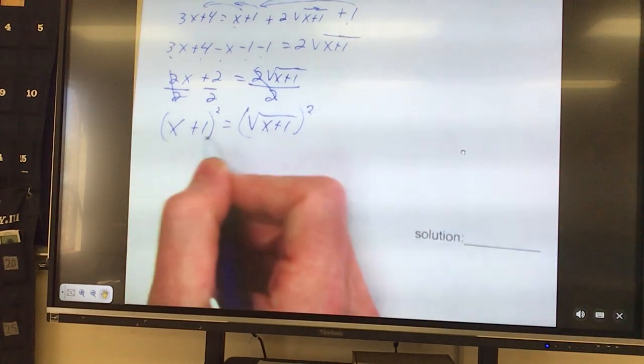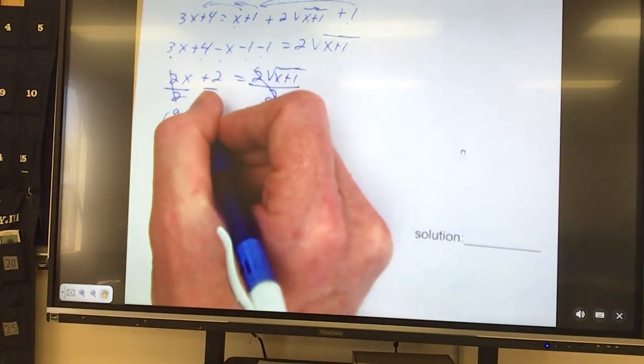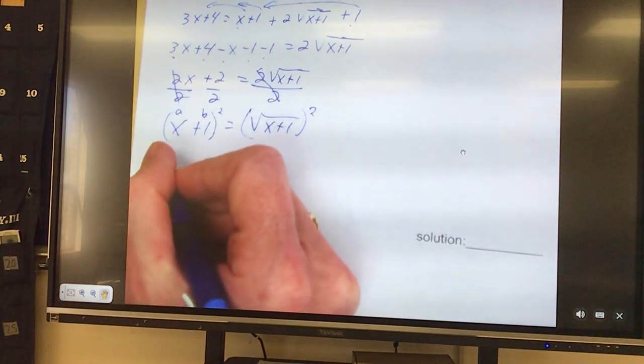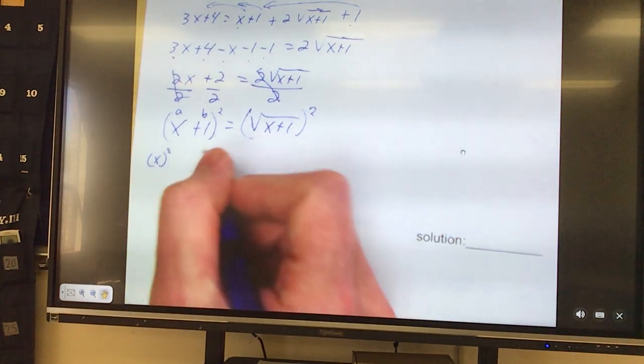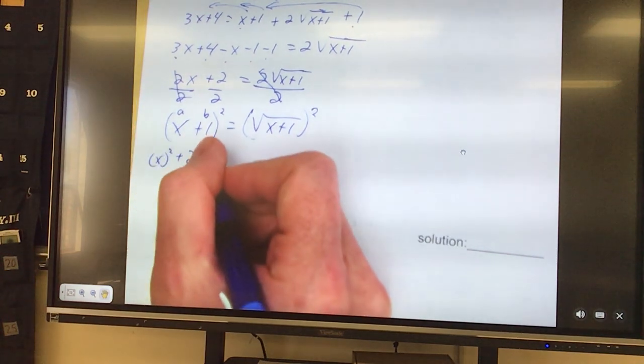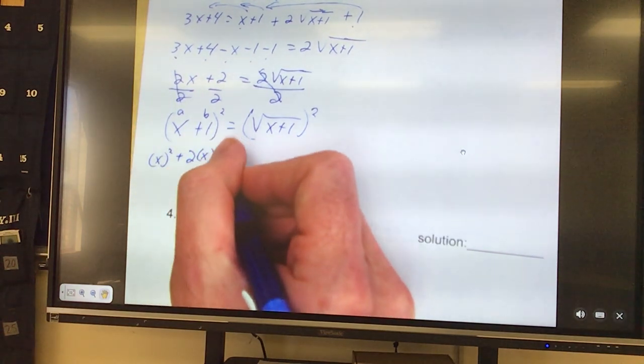Remember, there's two things, so a and a b. So a squared, that's x squared, plus or minus, and since it's a plus, we use plus, 2 times a, which is x, times b, which is 1.